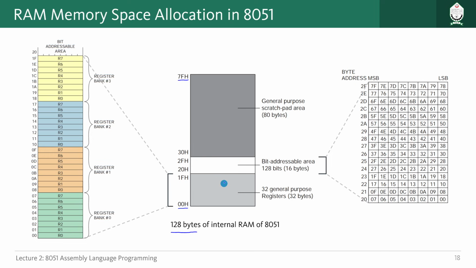After these 32 bytes, we have this 16 bytes of bit addressable area. So in general, when we call any register, we are calling the whole register of 8 bits, right, to fetch the total 8 bits of data. But there can be situations where maybe you need to specifically fetch 1 bit of data or store 1 bit of data.